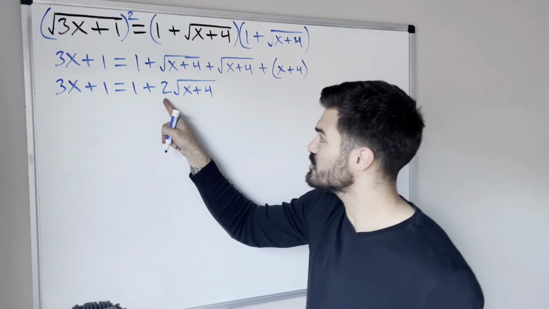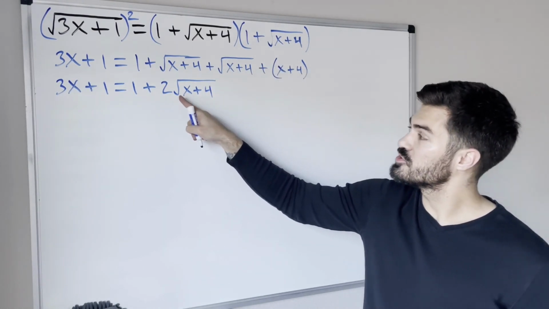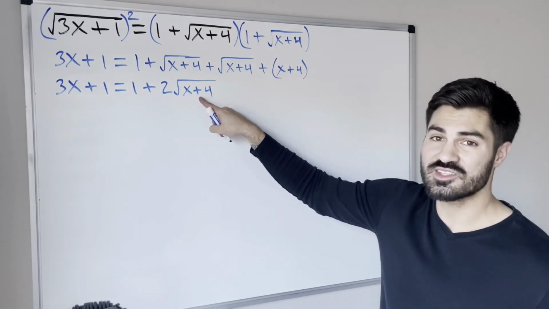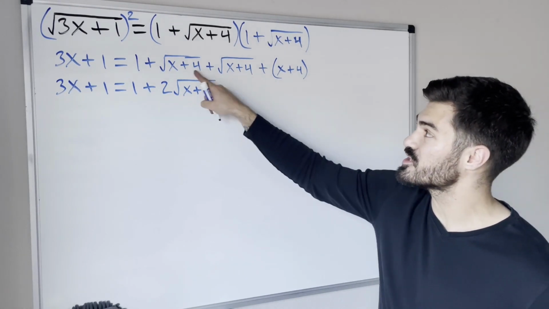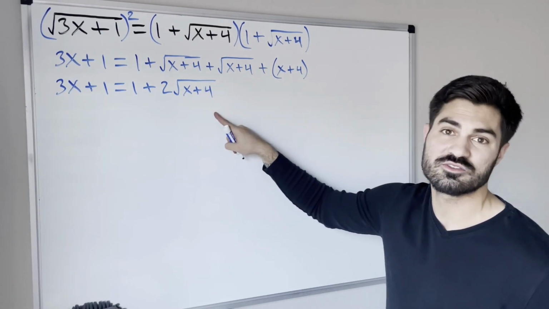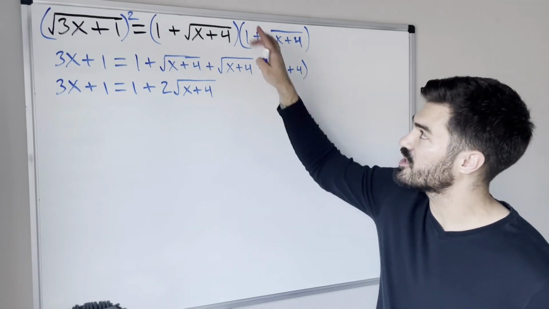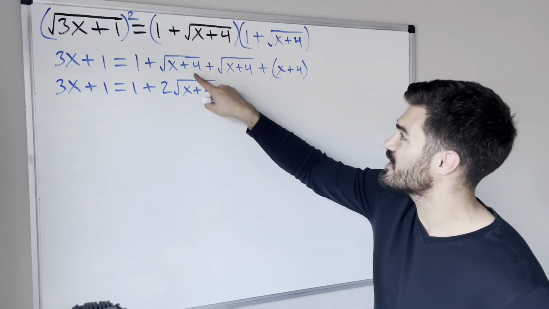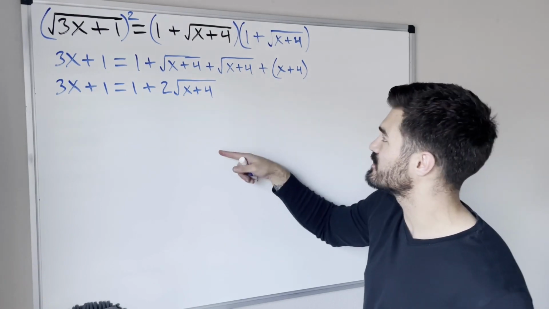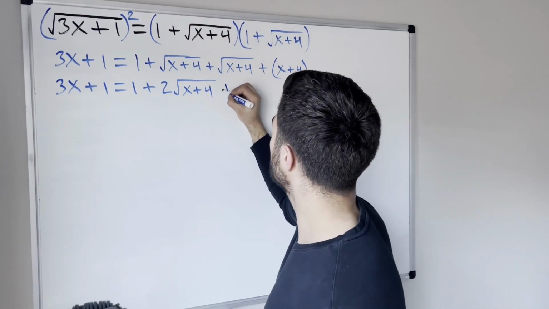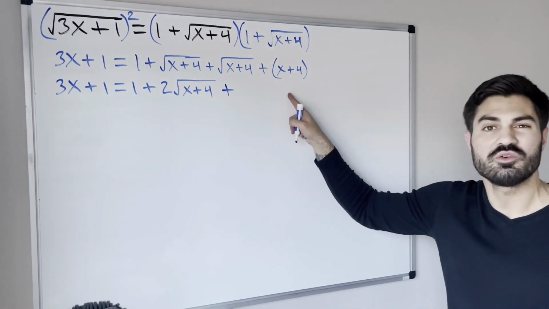Remember, multiplication is repeated addition. 2 times something is that something plus itself, right? If this were x plus x, we'd combine it to be 2x. Just think of it as a fancy x. It's a little bit tough to see, but this is going to come up in a lot of these examples where you're going to be combining like terms with radicals like this, okay? Then off here we have plus x plus 4. We really don't need these parentheses.